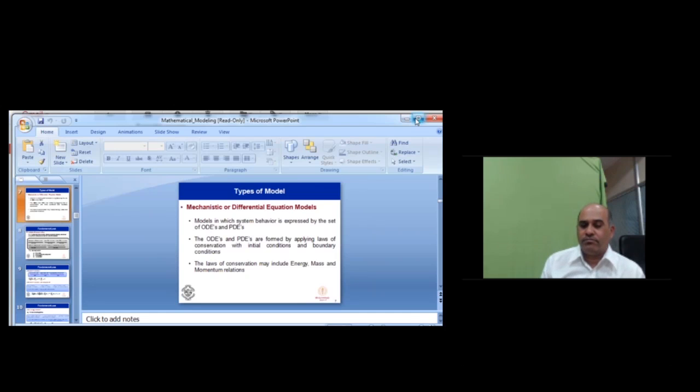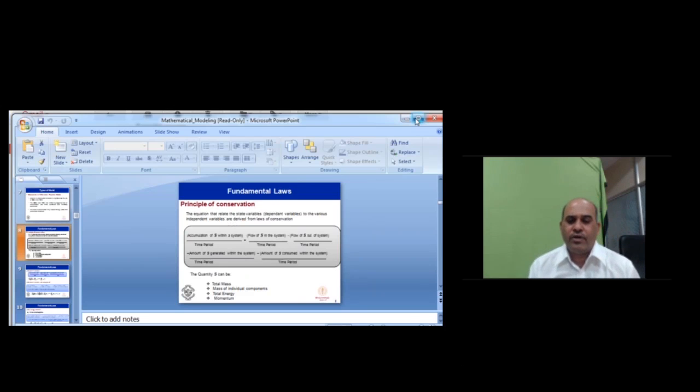So let us have some background about what exactly the laws are that we apply in forming the mathematical model. The principle of conservation: the equations that relate the state variables, which are dependent variables, to the various independent variables are derived from the laws of conservation.